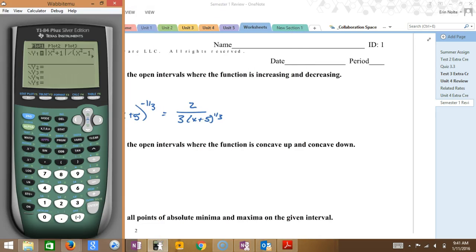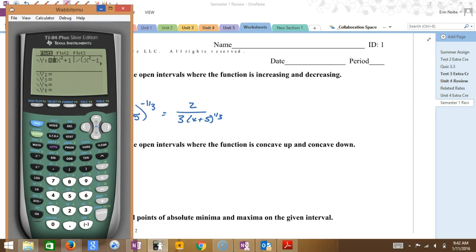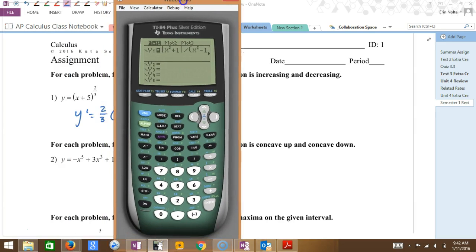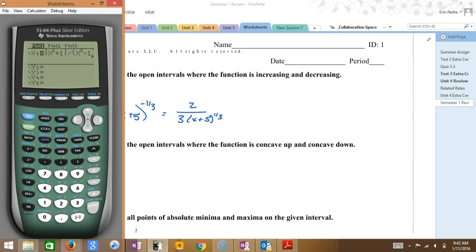So what do we got? Or actually, the easier way to do that is to do a concavity test. But we don't have the critical number. Well, you could see it's always going to be concave up or concave down, right? So you could just derive it again. Second derivative.